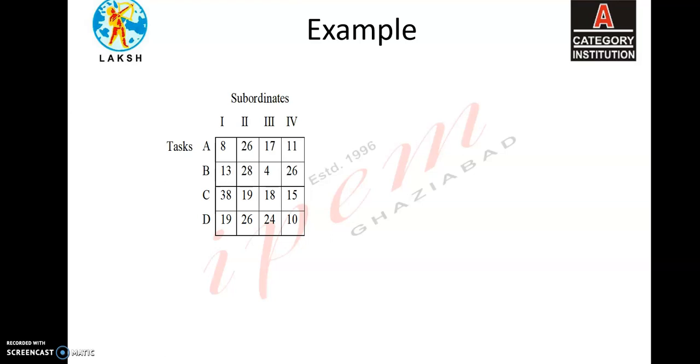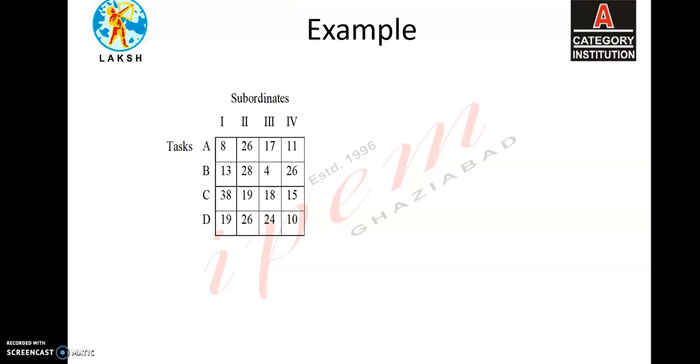So subordinate 1 takes 8 rupees to complete task A. Subordinate 2 takes 26 to complete task A. The third takes 17 rupees to complete task A. And the fourth takes 11 rupees to complete task A.